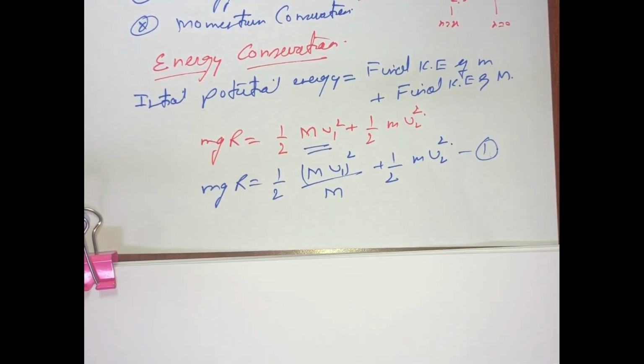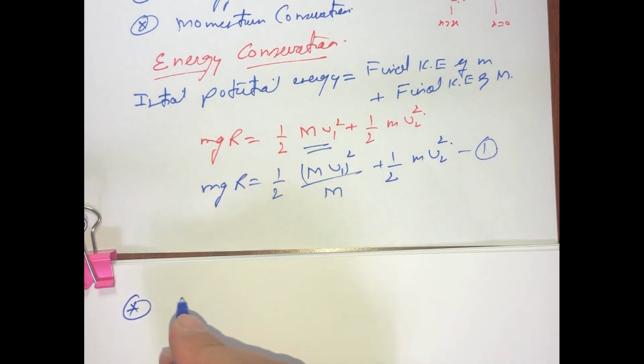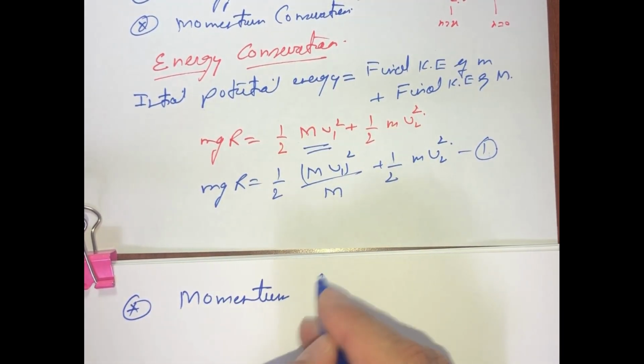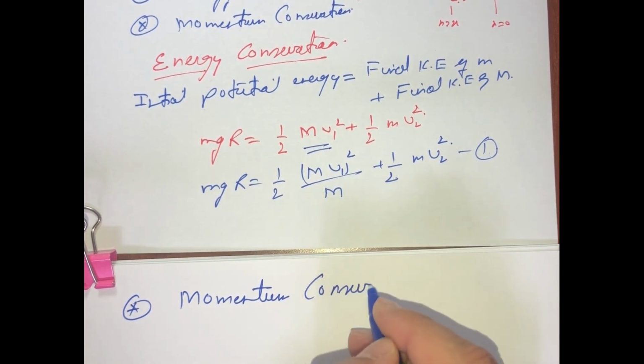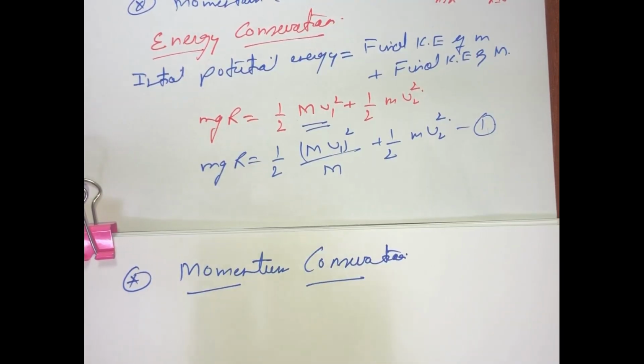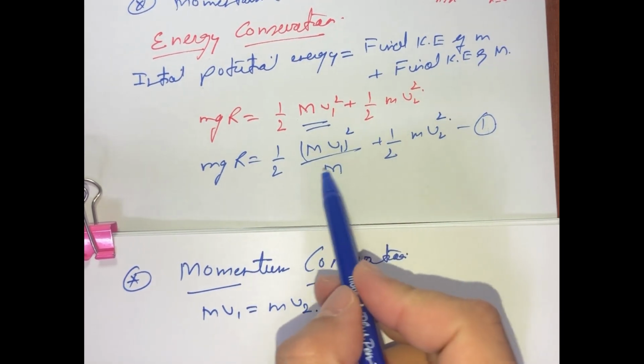Now we write for the conservation of momentum. Momentum conservation, we can say m v1 is equal to M v2. Equation 2. Now we use m v1 from the second equation and substitute in the first equation.